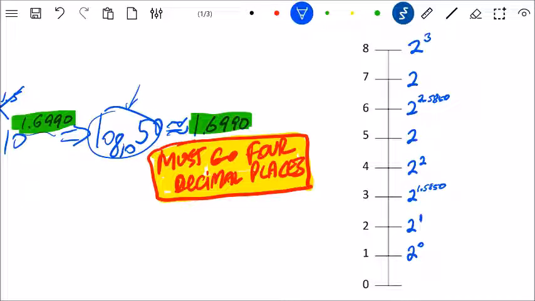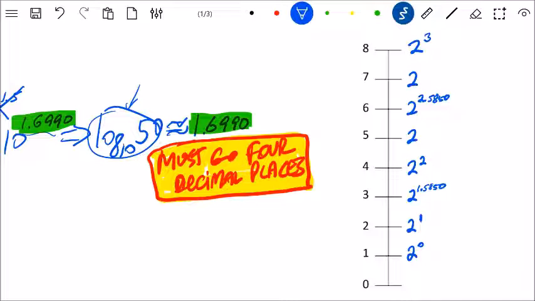If I went to 2 to the 4th, then the number 12 would have 3.5850. And then if I went to 2 to the 5th, which is 32, I think we'd be looking at 24. At 24, we'd be at 4.5850.